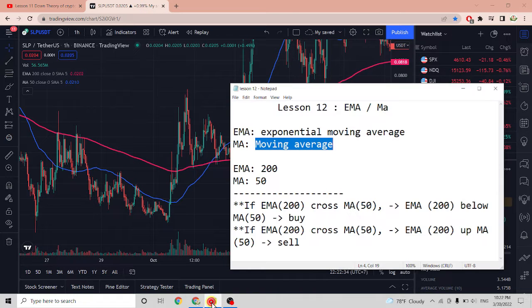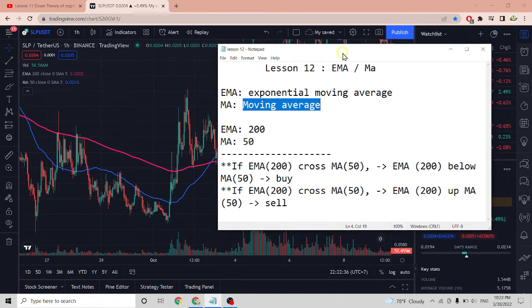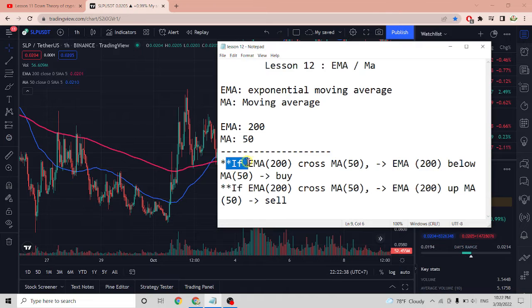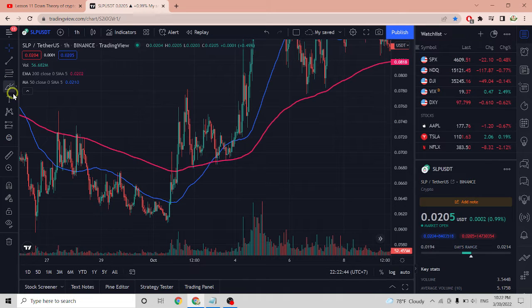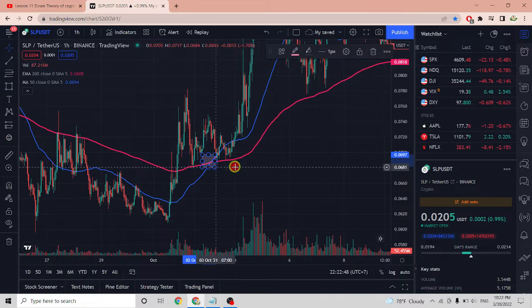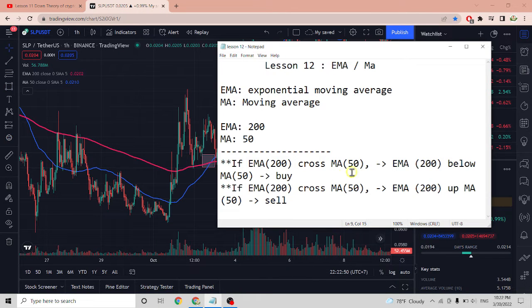So now you see the theory. If the EMA 200 crosses, this is called a cross, MA 50, and EMA is below MA 50, so the graph is going up, you should buy.